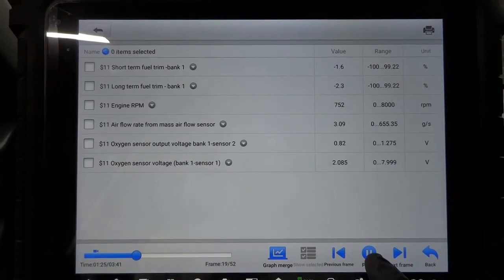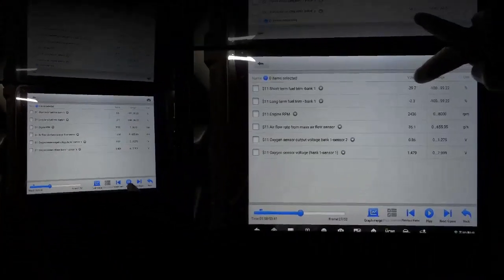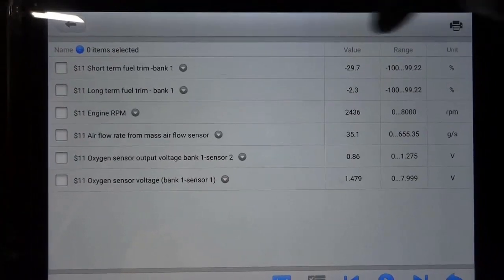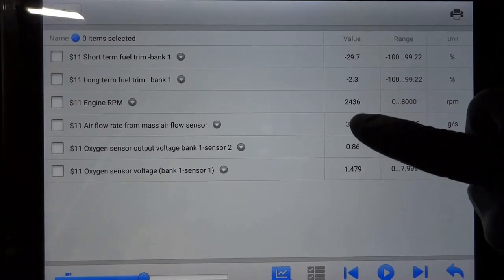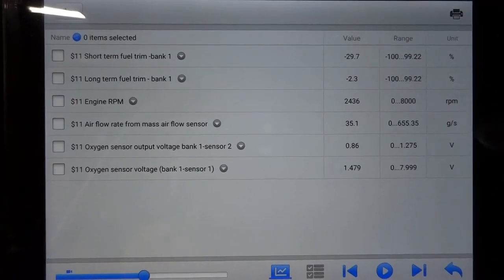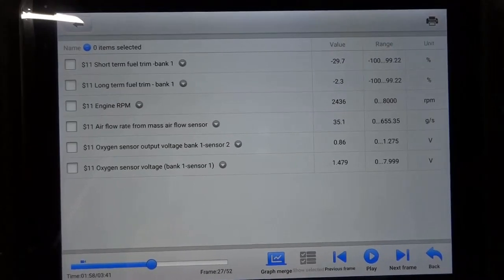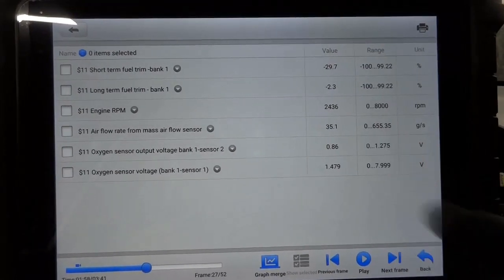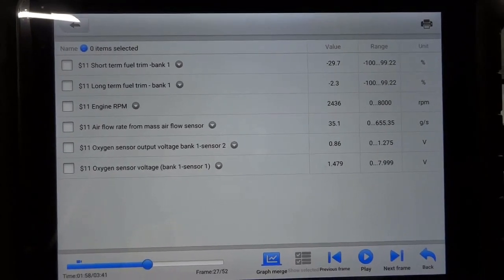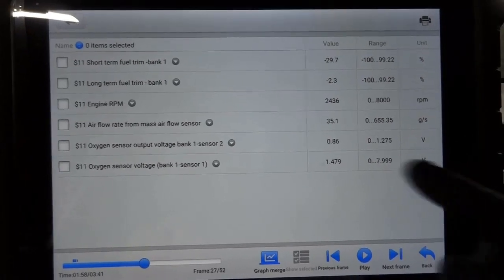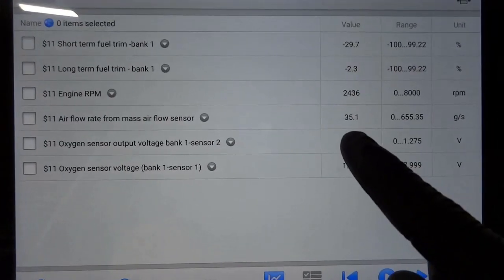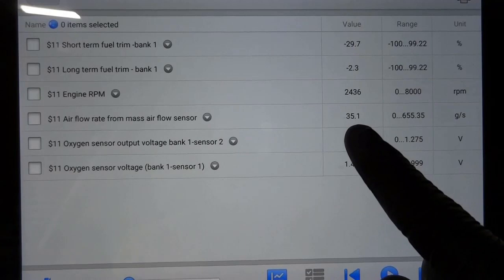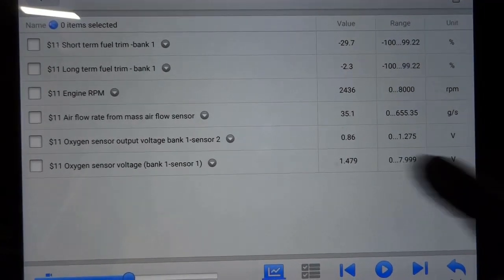Yeah, this is not looking good, guys. Minus 29.7% on the short term at 2,400 RPMs is too much. Okay, and this is caused by a defective exhaust system. I mean, a clogged exhaust system will do this, and our mass airflow sensor value is too low.